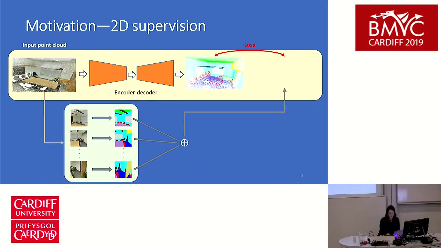Here we suppose we have different RGB images from different viewpoints, related to the segmentation maps. We combine those 2D segmentation maps as the ground truth. And in our work, we calculate the loss between the prediction result and the 2D ground truth.